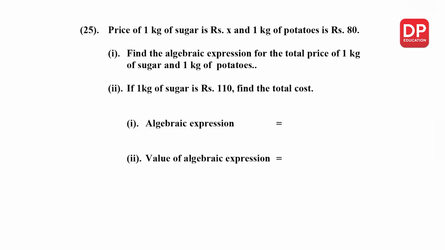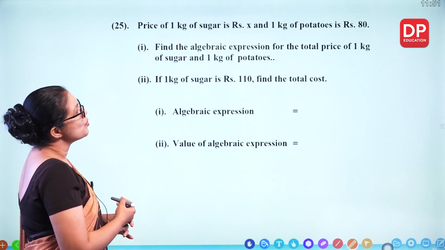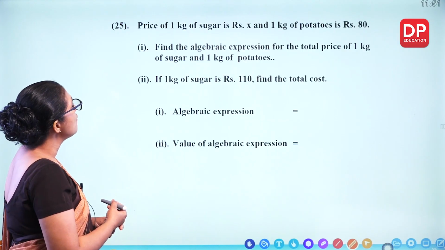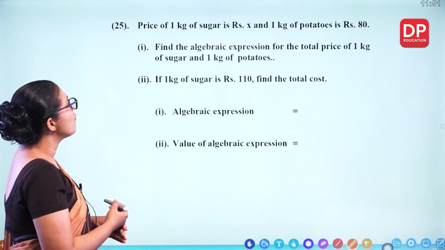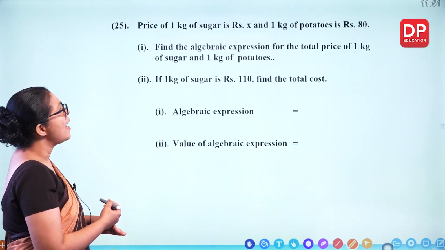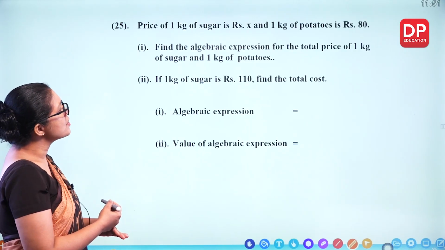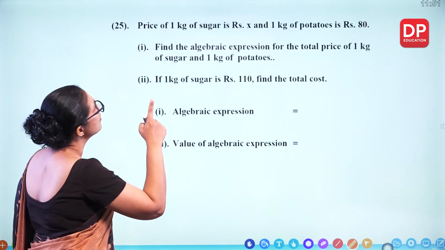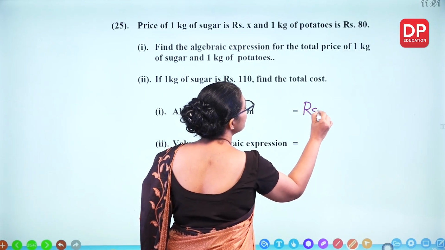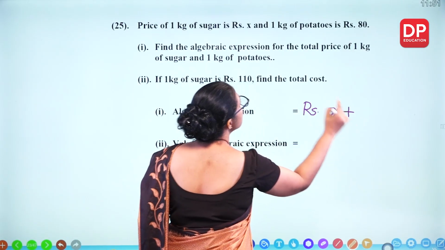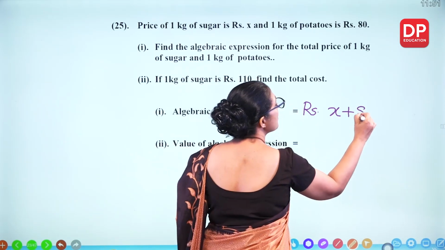Price of 1 kilo of sugar is X rupees and 1 kilo of potatoes is 80 rupees. Find the algebraic expression for the total price of 1 kilo of sugar and 1 kilo of potatoes. So just X rupees plus 80 rupees, X plus 80.